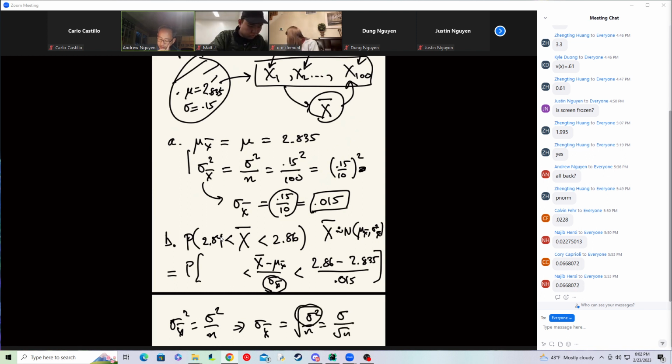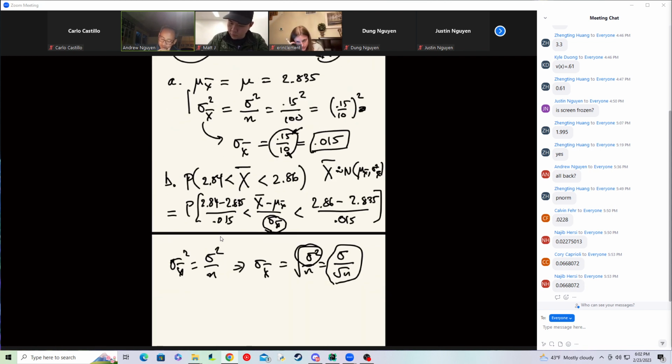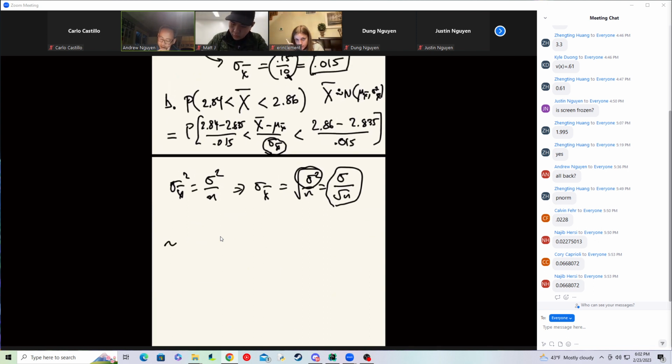So this gives you the formula for the standard deviation: sigma over root n. 2.84 minus 2.835 divided by 0.015. So then this fraction right here is very close to Z. That's what the central limit theorem is saying. So I need to evaluate these two numbers.